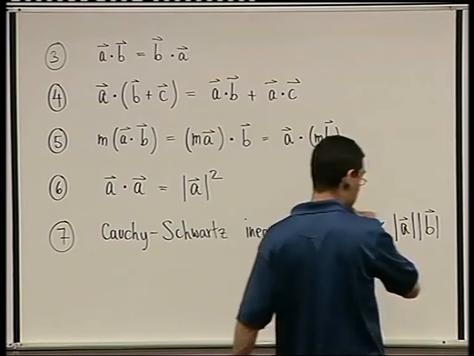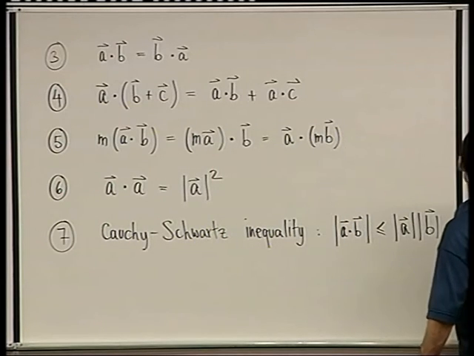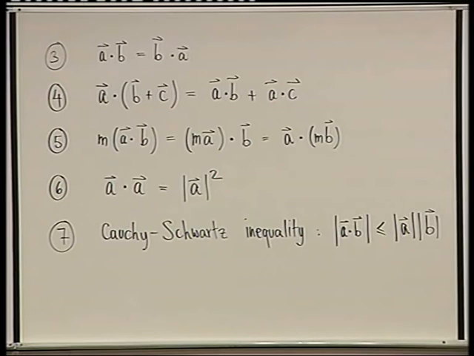Let's see a few things that you would write without giving it a second thought for multiplication in general and do not hold here. Okay? For example, we had distributivity, we had commutativity. What about associativity?